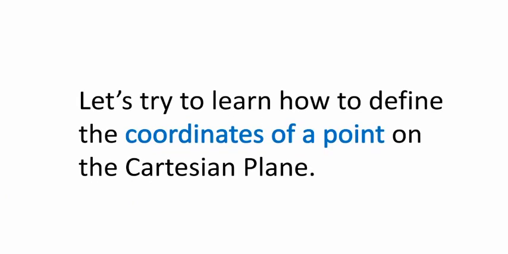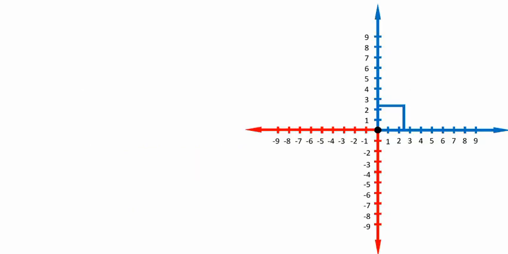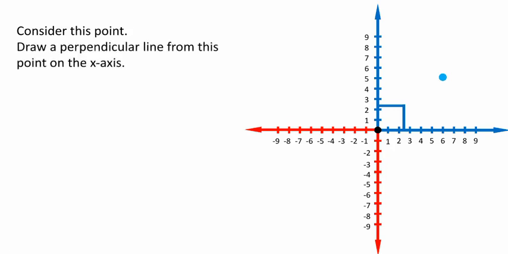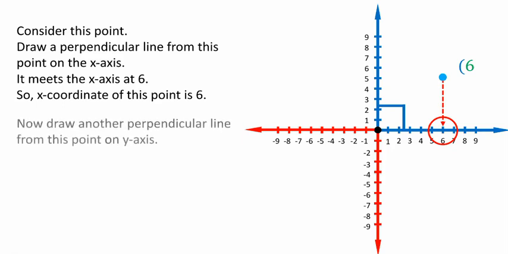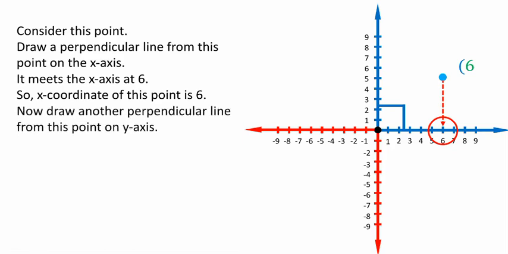Let's learn how to define the coordinates of a point on the Cartesian plane. Consider this point. Draw a perpendicular line from this point on the x-axis. It meets the x-axis at 6. So the x-coordinate of this point is 6. Now draw another perpendicular line from this point on the y-axis.